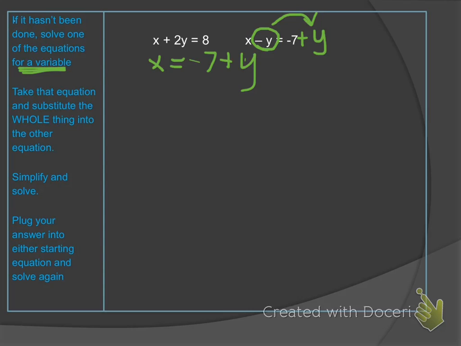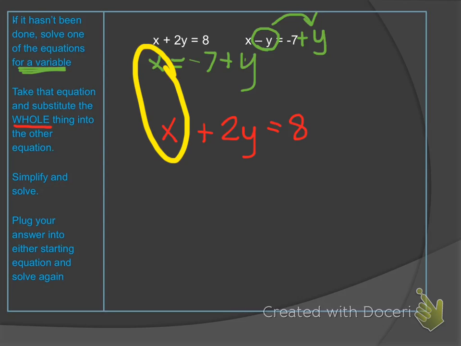So here comes our next step. Take that whole equation and substitute the whole thing into the other equation. So x plus 2y equals 8. This is the other equation. Now, you see how they both have x's?